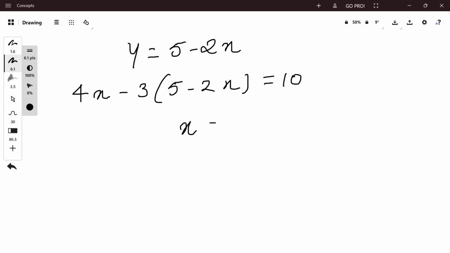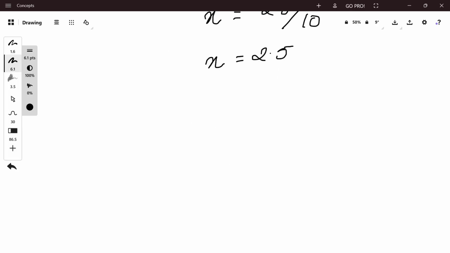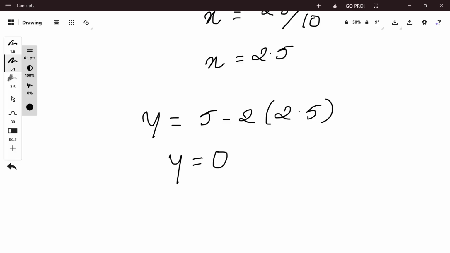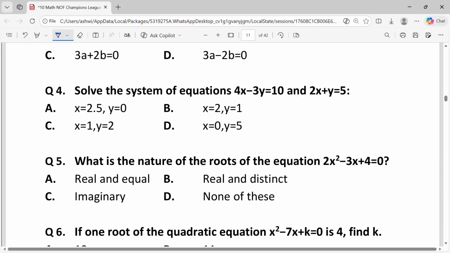That is x = 25/10, that is x = 2.5. Substituting the value of x back into the expression y = 5 - 2(2.5), which gives y = 0. So, from the given options, the answer is A, x = 2.5 and y = 0.